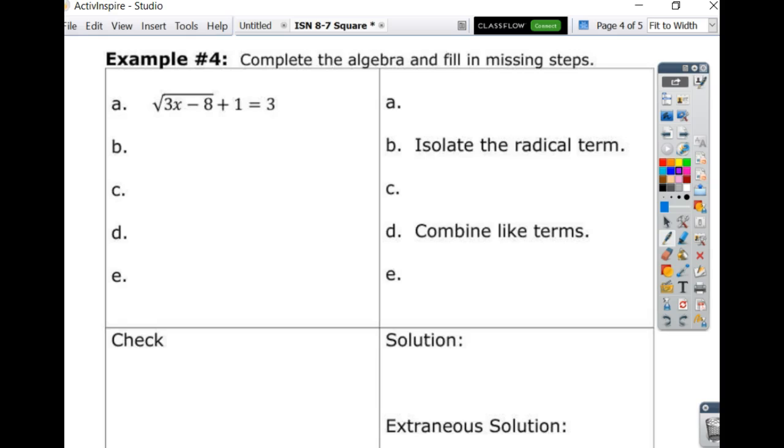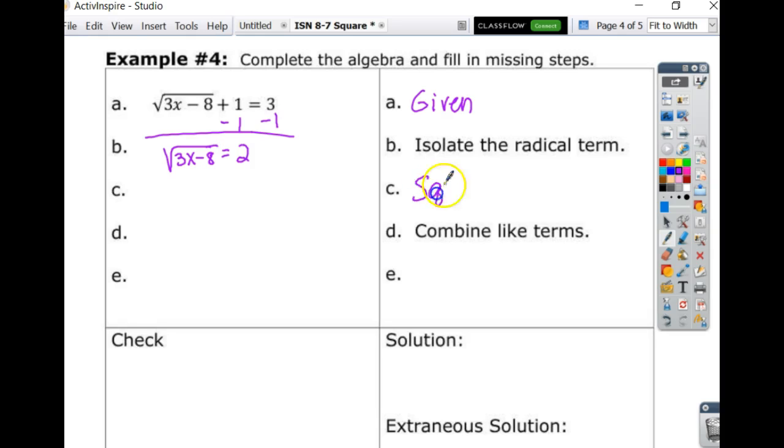All right, last one. What do you think I have to do first to isolate the square root? Move the 1. So subtract the 1. So now they're isolated. Now what? Get rid of the square root.